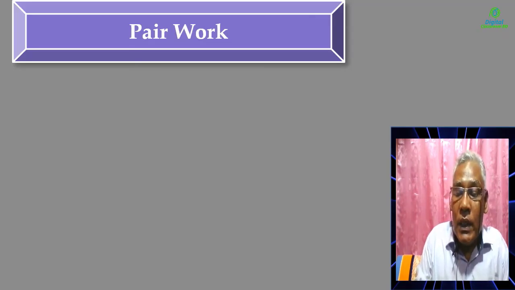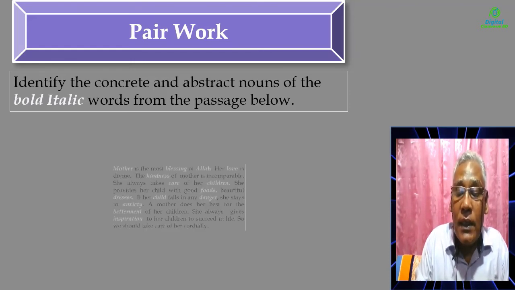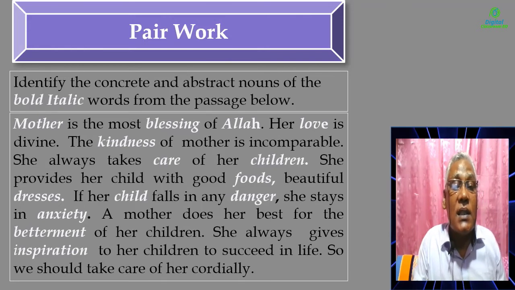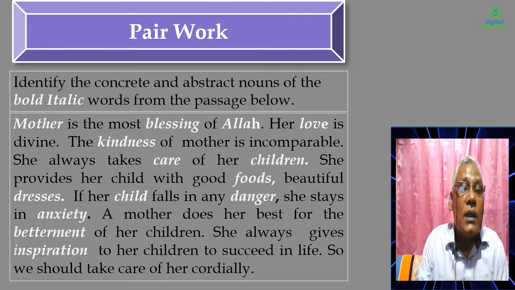Now, it's a pair work, so you have to do this in pairs. Identify the concrete and abstract nouns of the bold italic words from the passage below. You can see a passage here, and there are some words in italic. You can easily discuss it with your partner. Look at the passage. Mother is the most blessing of Allah.